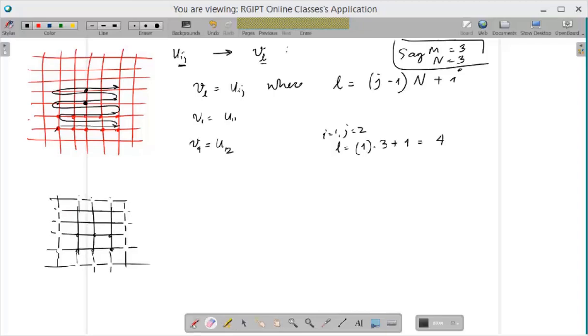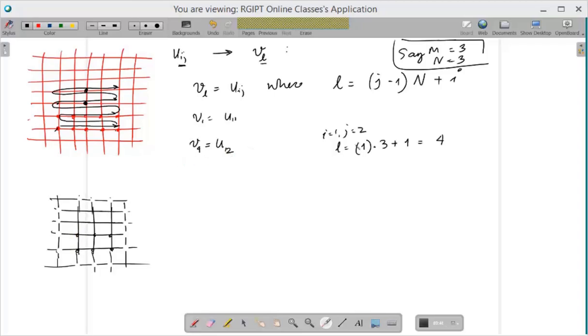So this is 1 1, 1 2, 1 3, 2 1, 2 2, 2 3. So I equals 1 would be here. So 1 2 would be 1 2 3 4, right?